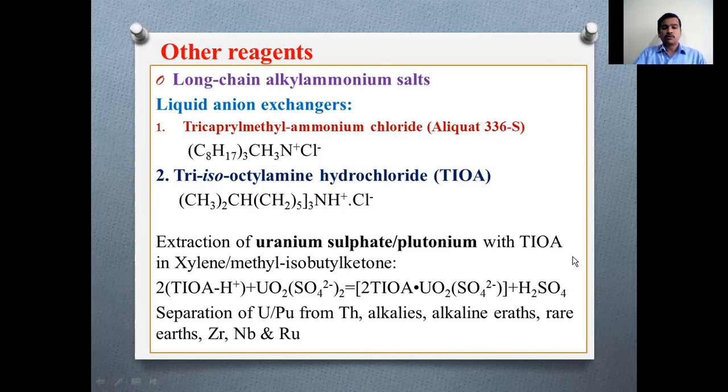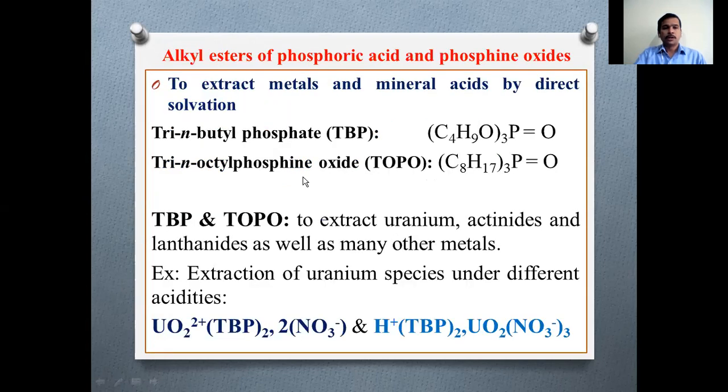So TiOA, triisooctyl amine hydrochloride, is a selective reagent for the extraction of uranium or plutonium more easily and more relevantly. Here triisooctyl amine is a reagent which produces a positively charged species for the extraction of uranium, which is present in the anionic state. So this is the ion association complex formed.